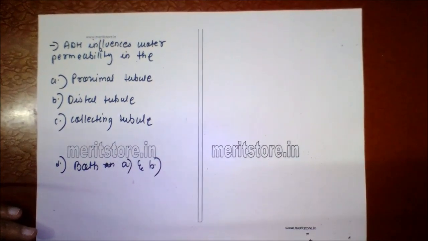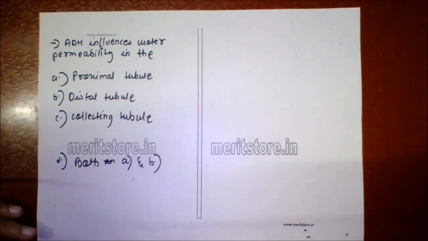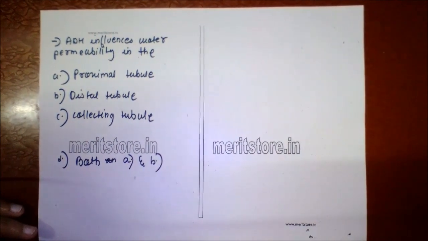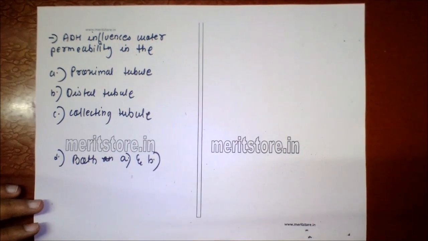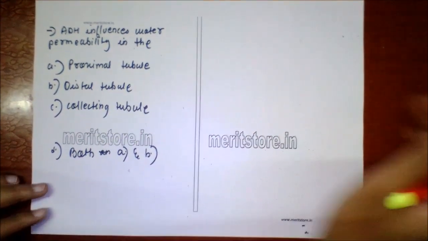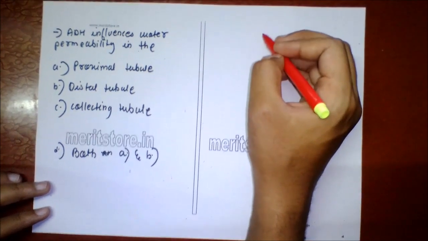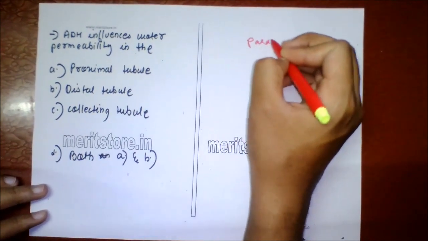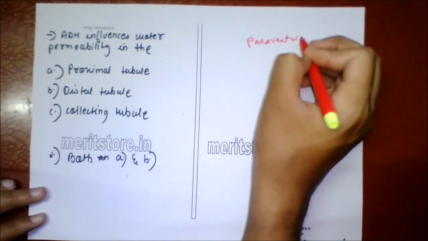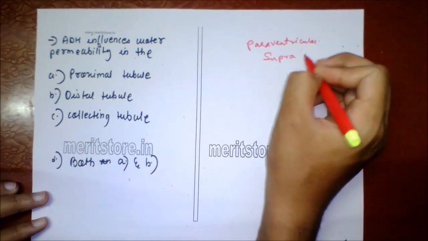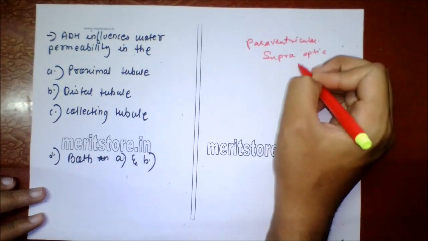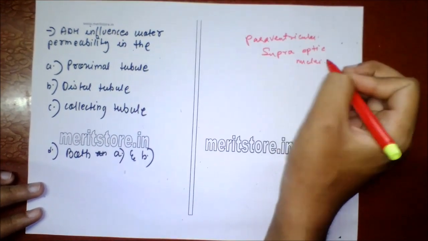ADH influences water permeability in the A. proximal tubule, B. distal tubule, C. collecting tubule, D. both A and B. So antidiuretic hormone, that is ADH, is produced by neurosecretory cells in the paraventricular and supraoptic nuclei of the hypothalamus.